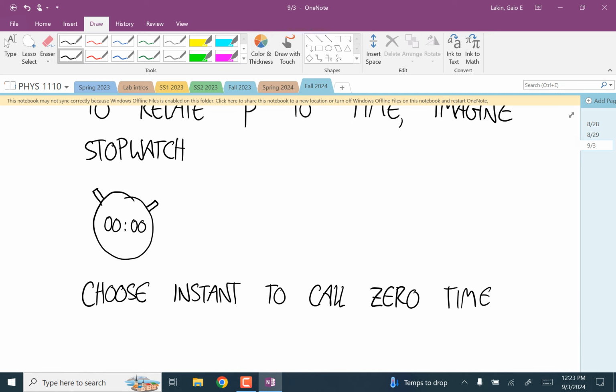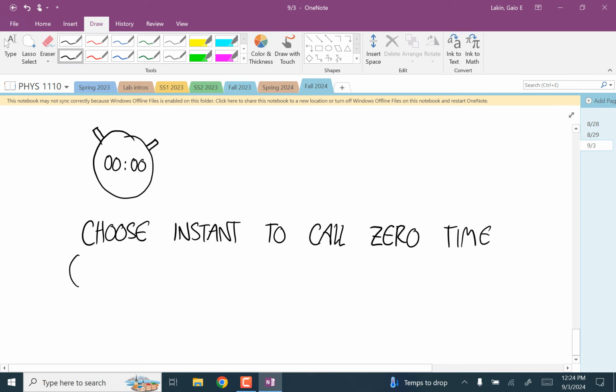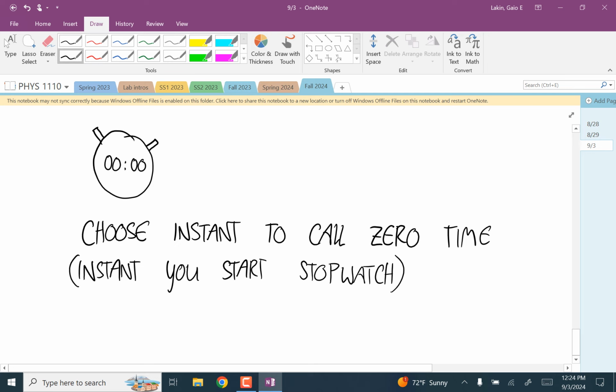So you click it on at 0, and now the stopwatch is counting up as the motion happens. Okay, we don't have to think about a positive or negative direction for time because everything's going to happen forward in time.